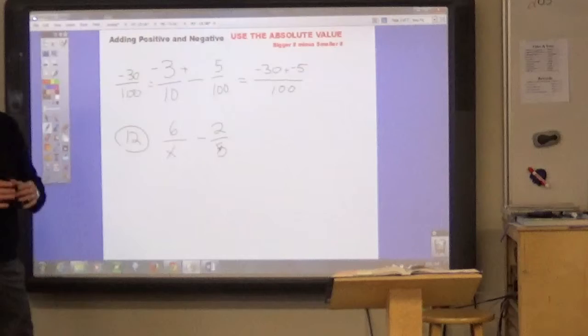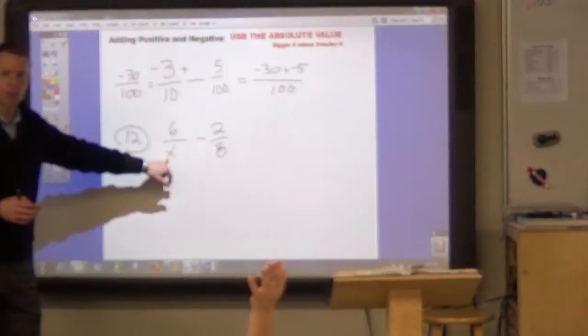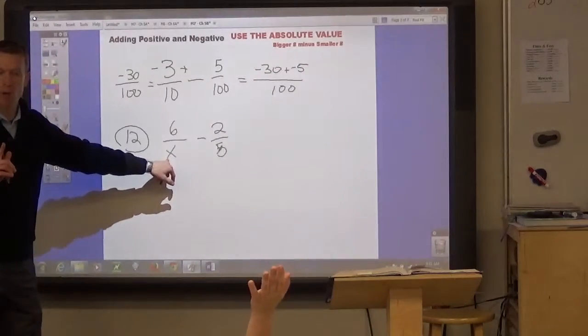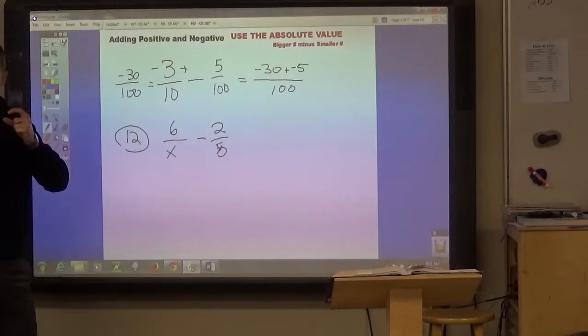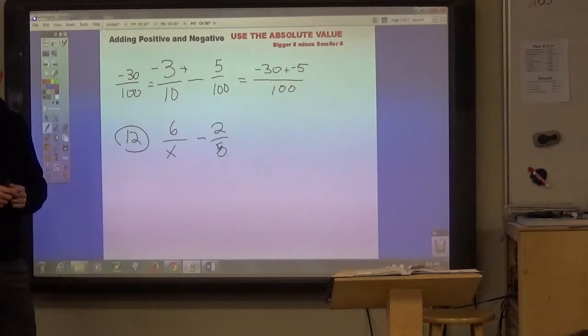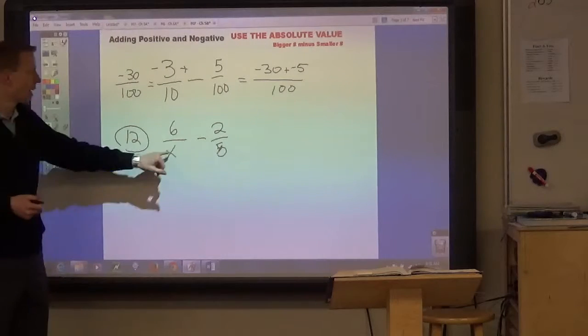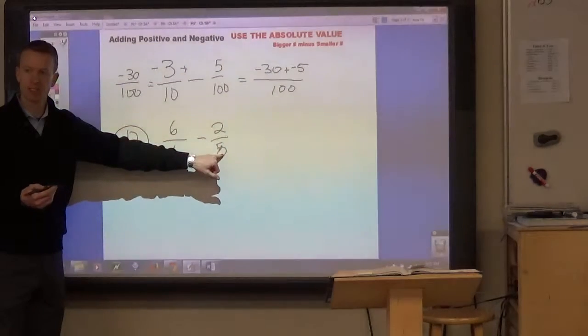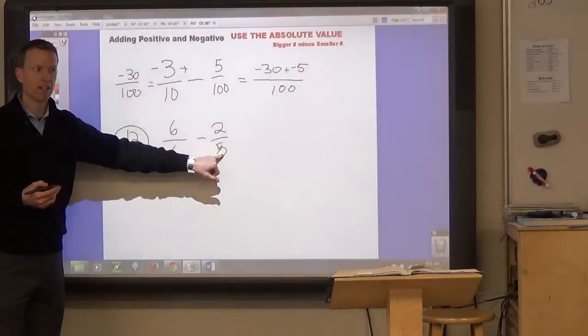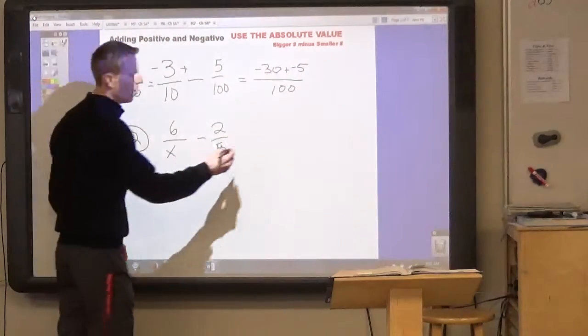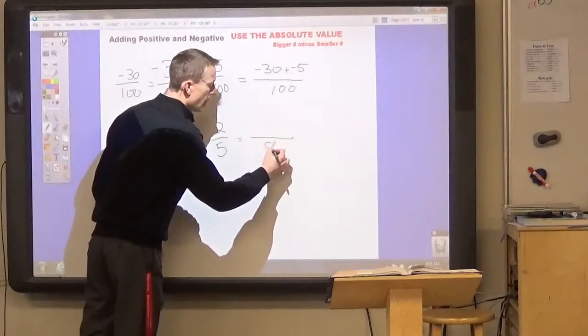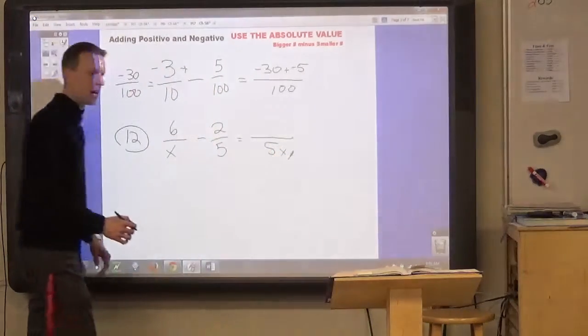If this was any number, one way to find a common multiple is to multiply them. Think about what's a common multiple of 2 and 3? 6. What's a common multiple of 7 and 8? 56. So a common multiple here is 5 and x. So we're going to use 5x as our common denominator.